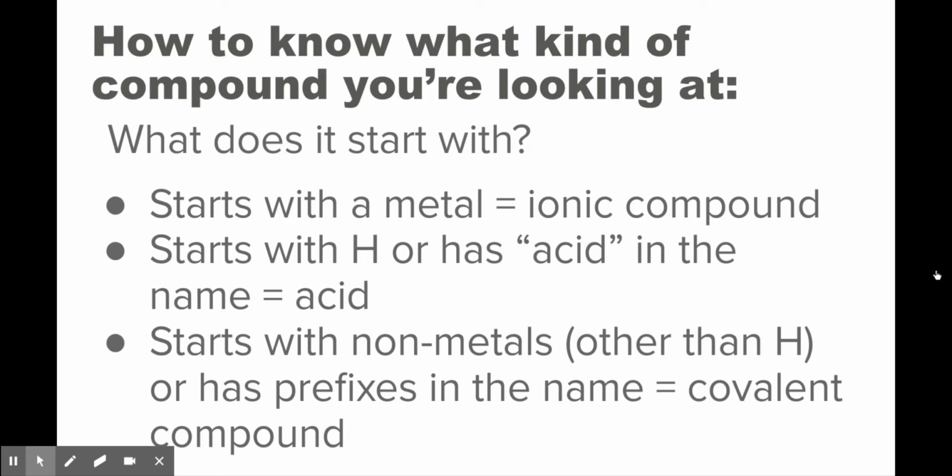If the compound starts with an H or has an acid in the name, then you're dealing with an acid. And acids are kind of like special ionic compounds in a way, but it's a little more complicated than that. Now, if the compound starts with a nonmetal that's not hydrogen, or if you see prefixes in the name, you're dealing with a covalent compound.